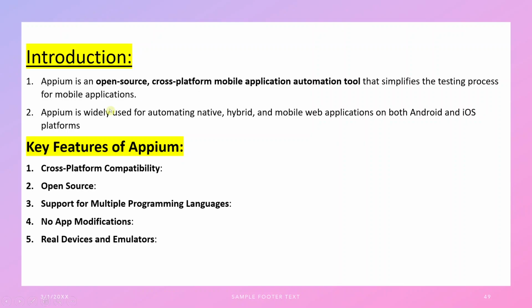APM is widely used for automating native applications, hybrid applications, and mobile web applications on both Android and iOS.